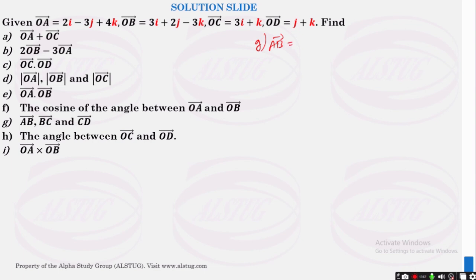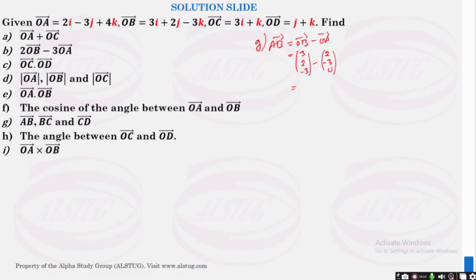The vector AB is equal to the vector OB minus OA. That gives us OB, 3, 2, negative 3, minus OA, which is 2, negative 3, 4.